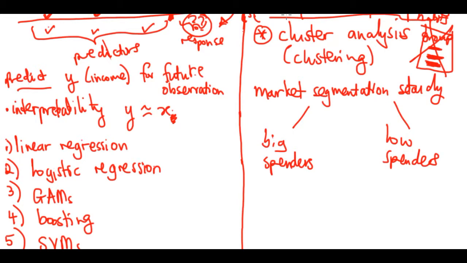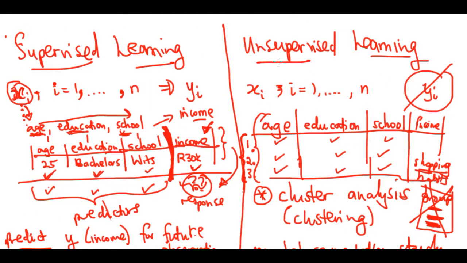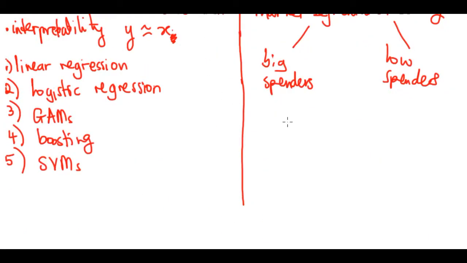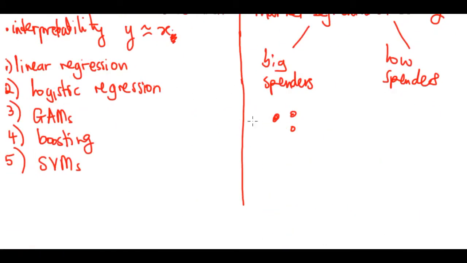So we use unsupervised learning because we do not have a target variable that we want to predict.